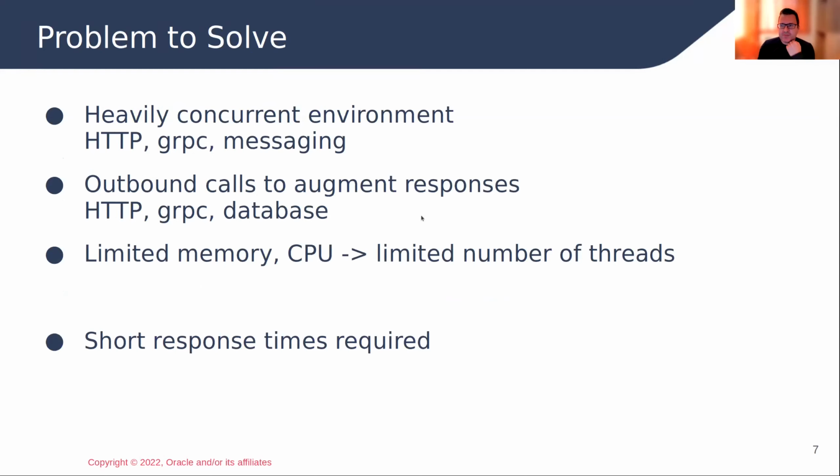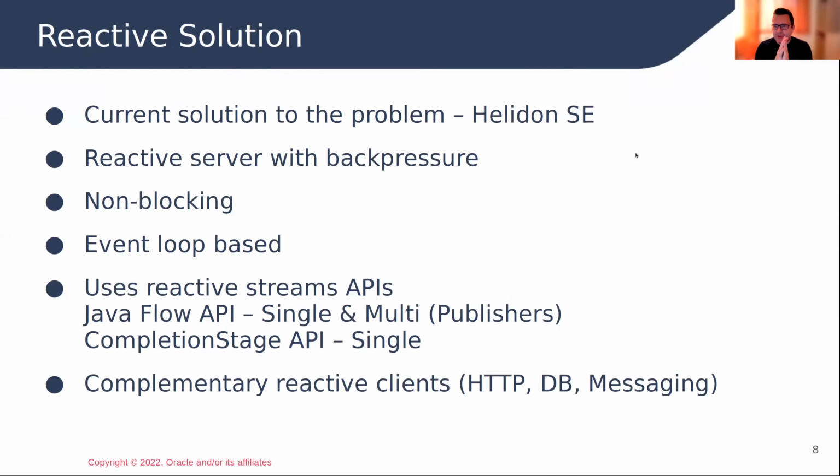So how do we solve this problem? How do we make our services parallel and at the same time process everything in time? So the industry came up with a reactive solution. In our case, this would be Helidon SE, but a lot of frameworks that are available do have a reactive approach.